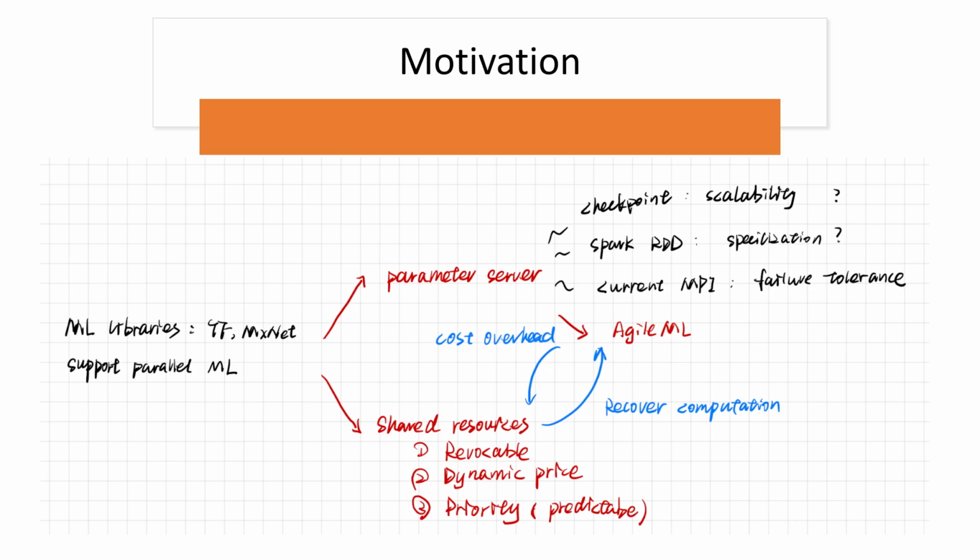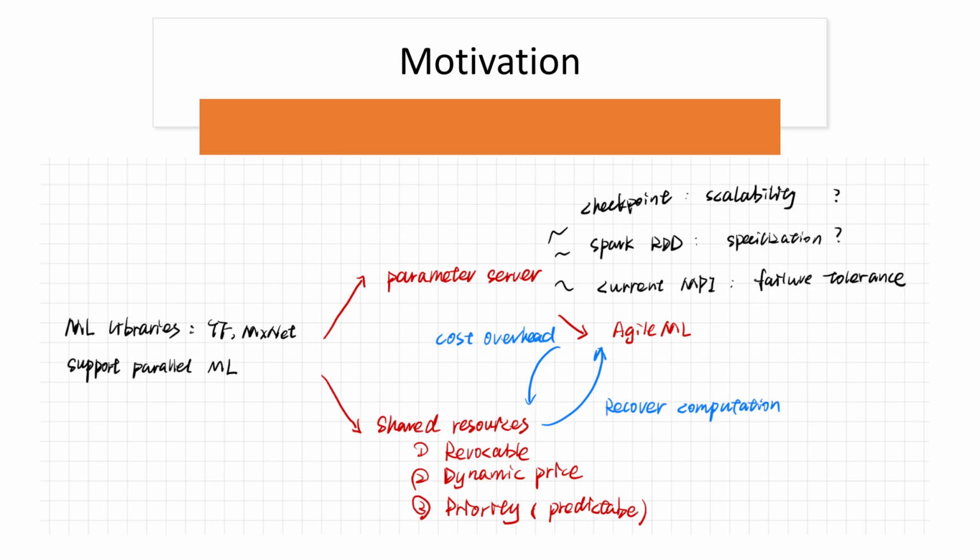Also, shared resources are dynamic and changing in price by nature. Reducing the price means we need to take more transient machines. Transient machines mean that we can use a spot price at a low cost to access these resources, but these machines could be revoked by the companies.